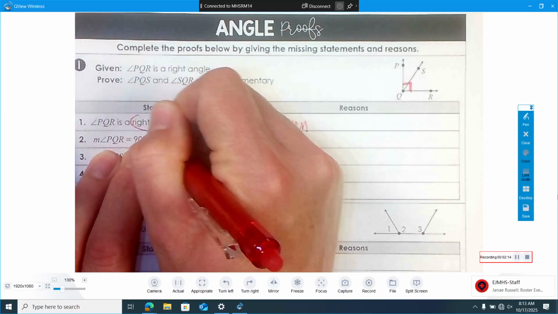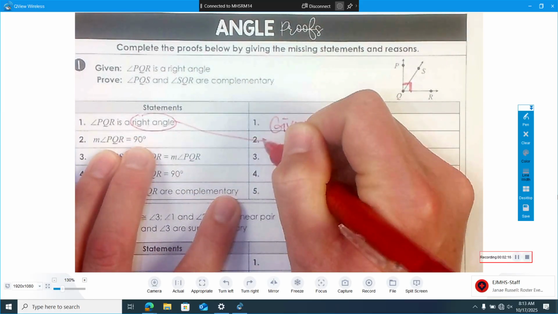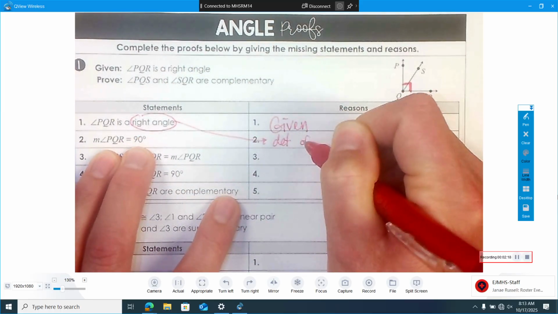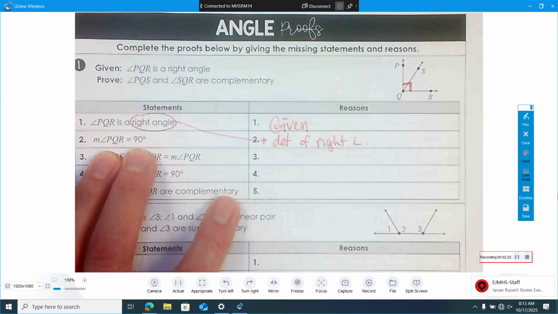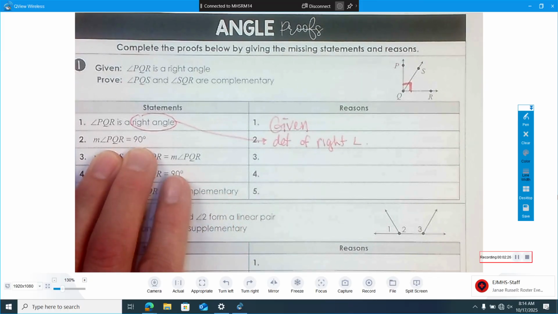Because definition of right angle. The definition of a right angle. That's why the definition of the right angle, again, if you flip back a page, is that if it's a right angle, then it's 90 degrees. That's the definition, okay? And definitions go forwards and backwards.